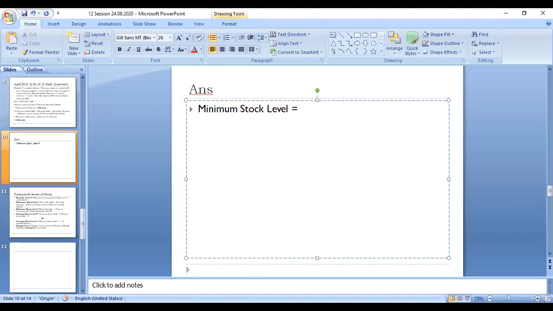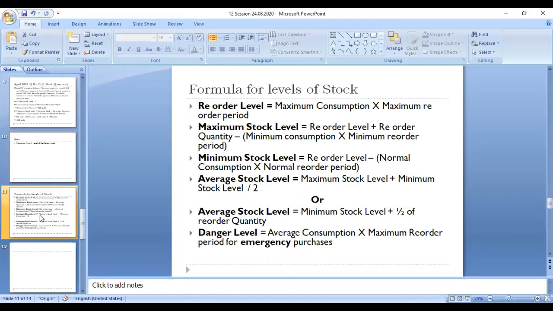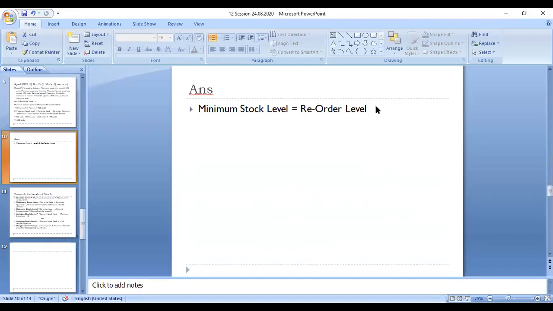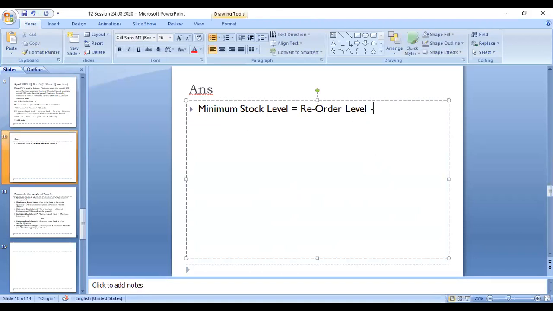Starting with the minimum stock level, you take the first answer, the reorder level, minus, and then open the bracket.